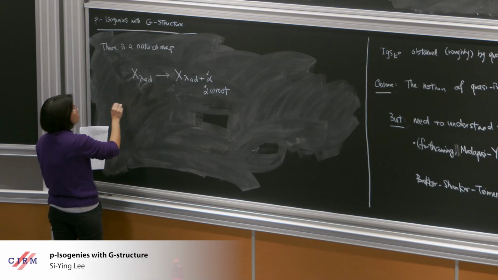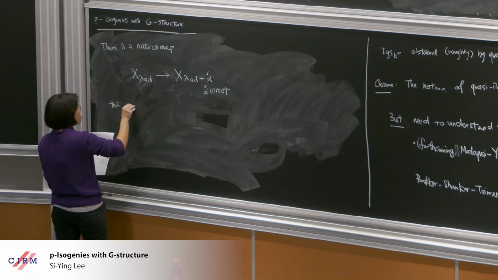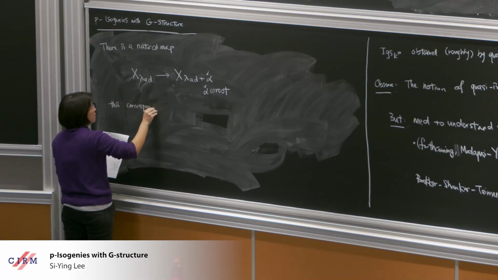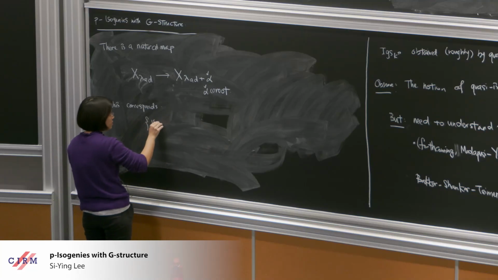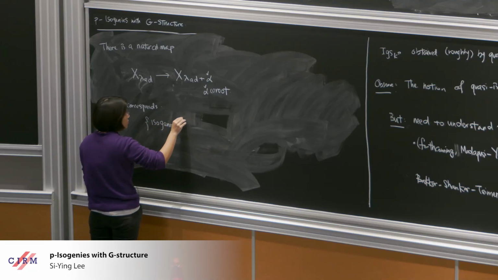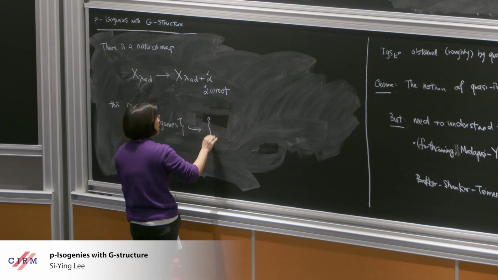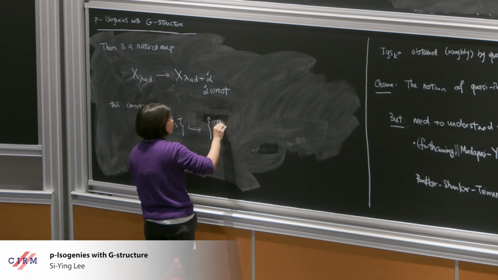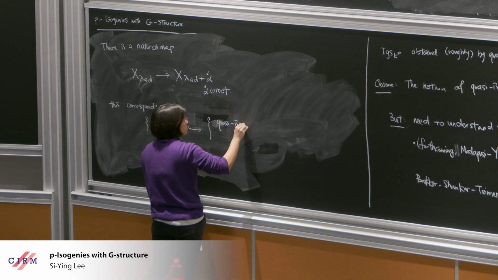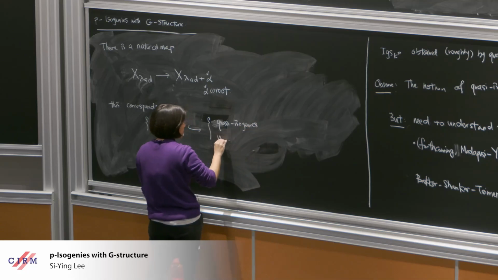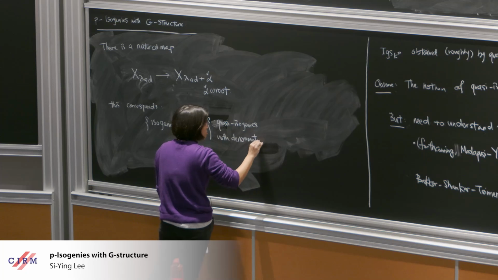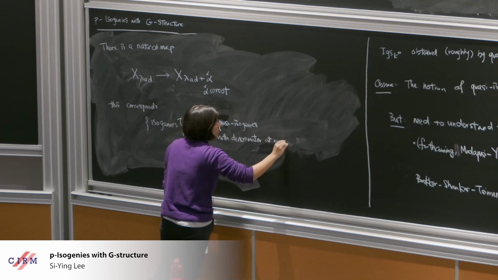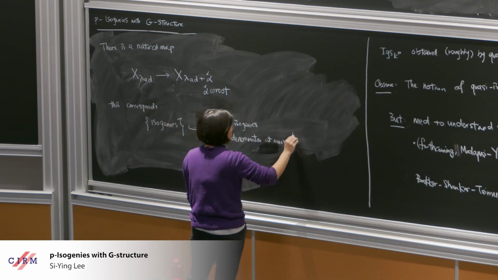So this corresponds, in some sense, and you can make this more precise, to looking at the space of isogenies or quasi-isogenies with denominator at most p to the h.